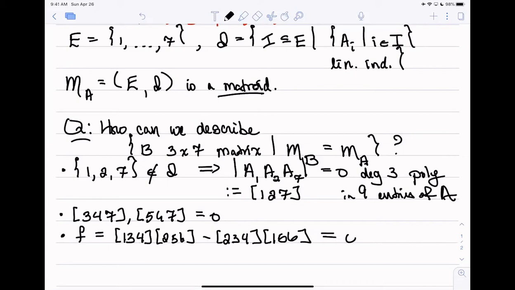So I claim this equation has to be 0 for any 3 by 7 matrix that has the same matroid as the one I started with. And why? It's a little mysterious right now.